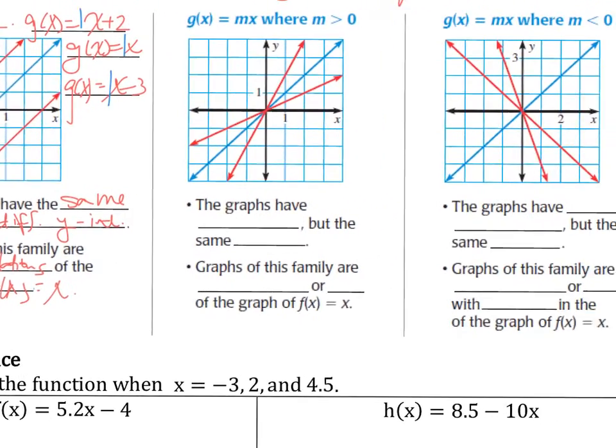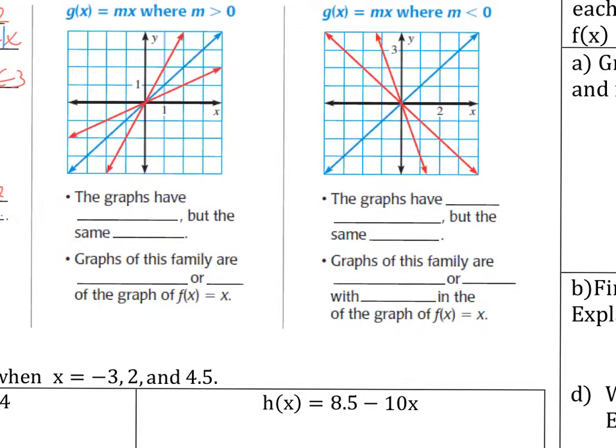And let's take a look at the case when g of x equals mx, where m is positive, or when the slope is positive. So for the parent graph again, still g of x equal to x, if I rotate the graph to the left, the graph becomes g of x equal to 2x.